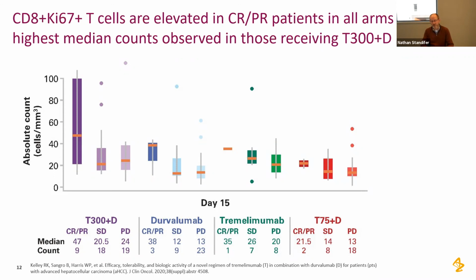Moreover, these data demonstrate that both the quantity and quality of immune cell activation is important. In other words, even though patients receiving TREMI at 750 milligrams demonstrated the highest level of CD4 T cell activation, as shown in a previous slide, patients demonstrating the highest CD8 T cell activation levels, as shown in this slide, exhibited the best overall responses.